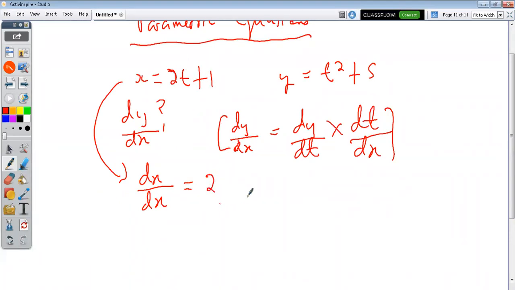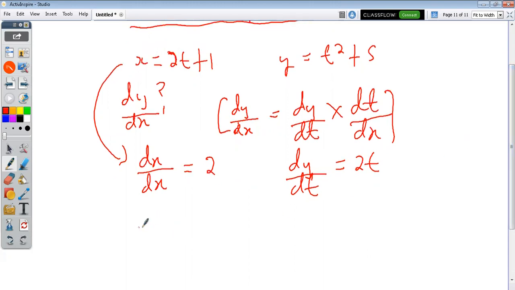It gives you 0 with respect to t. Then dy over dt, look at this here, isn't that 2t? Then this is 0 here, clear? Then dy over dx is dy over dt, which is 2t, multiplied by the inverse of this, because this is dx over dt. So the inverse of this is 1 over 2. So eventually you simply get t.